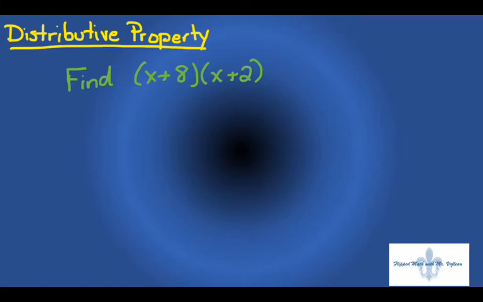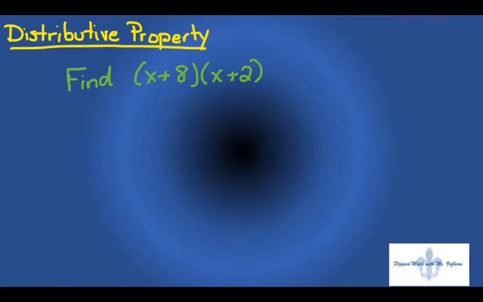Just to give you an example, let's say you have 3 times a parenthetical x plus 2. You're used to using the distributive property to break that out into 3x plus 3 times 2. That's the same rule we're going to apply for multiplying polynomials.